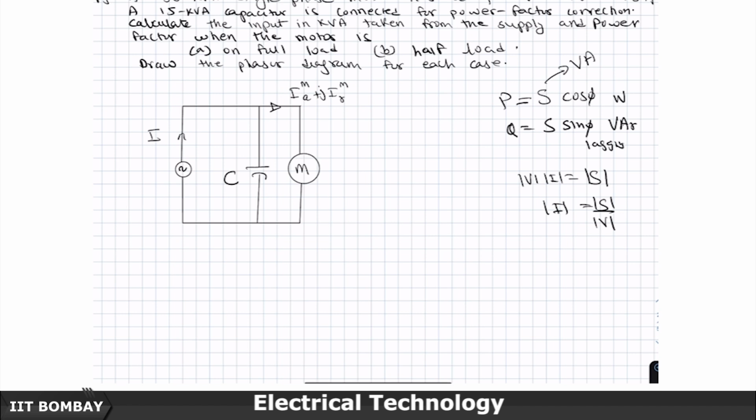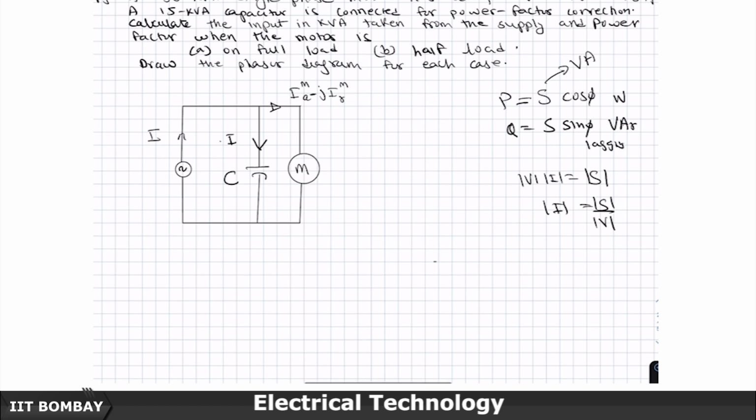Now, if I put a capacitor here and it compensates for this, this is lagging power factor. So, it draws a leading power factor current. So, the current is lagging power factor means I should show it with a minus sign here.